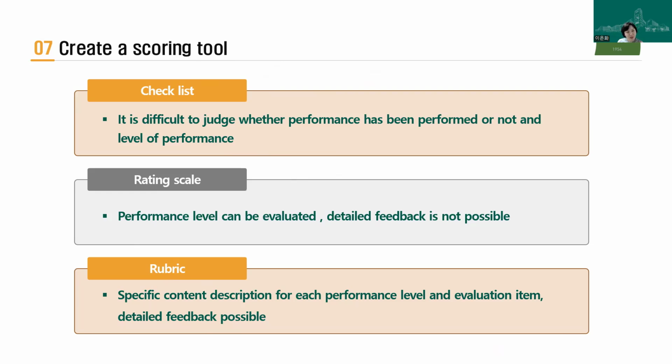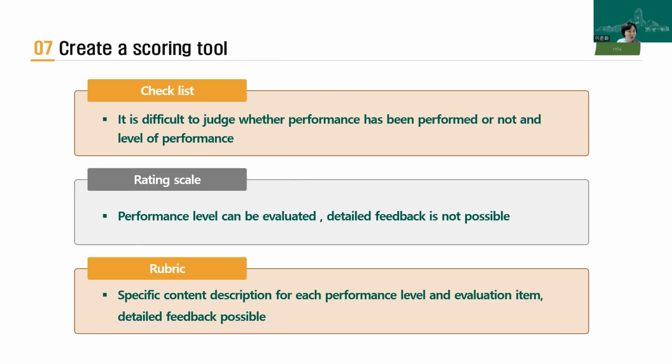Checklists, rating scales, and rubrics represent increasing sophistication and feedback quality. Rubrics combine the best features. They show both dimensions of performance and quality level with detailed descriptors. For simple tasks where presence or absence matters, checklists work.